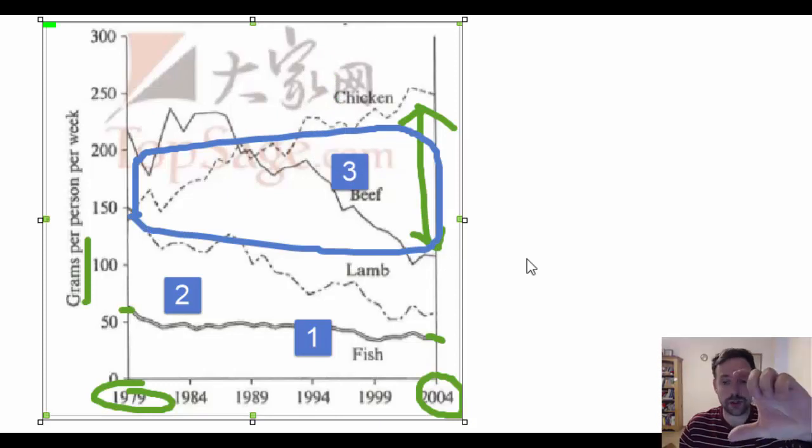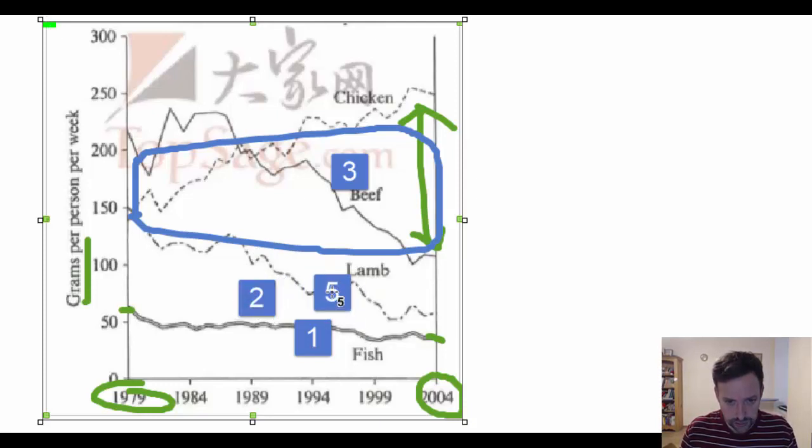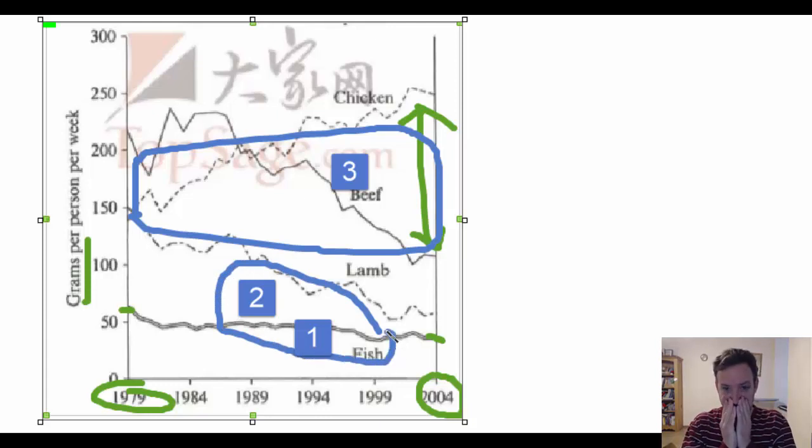So I could start with my first body paragraph and say, beginning with the ones that dominated throughout the period, we can see that they are chicken and beef. And then we can talk about the 2 less popular ones together. So we can group these 2 here. We can group lamb and fish together and talk about that.